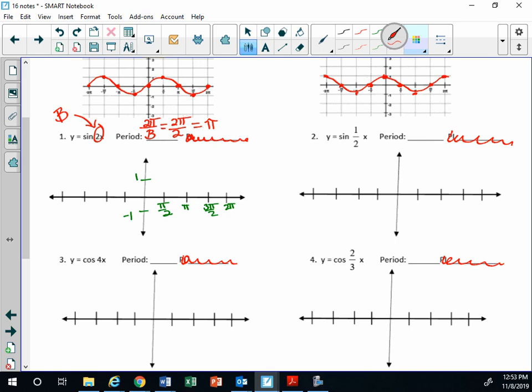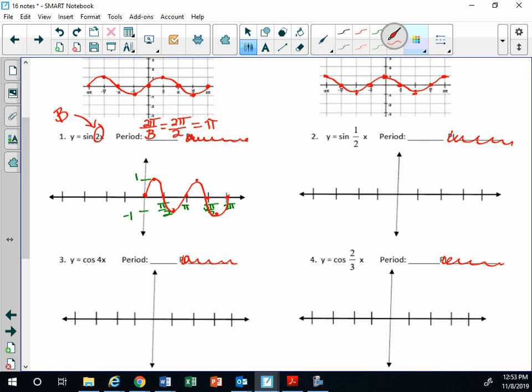Okay? So for a sine graph, again, don't graph this. You see how that's the whole graph? That's what we normally graph. It all happens by the time we get to pi. And if I kept going, how many times would it happen by the time I got to 2 pi? Twice. That's why b is 2.